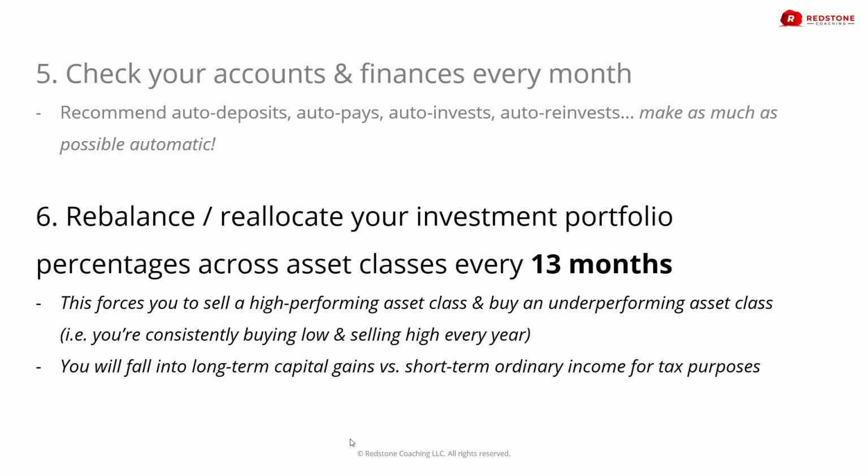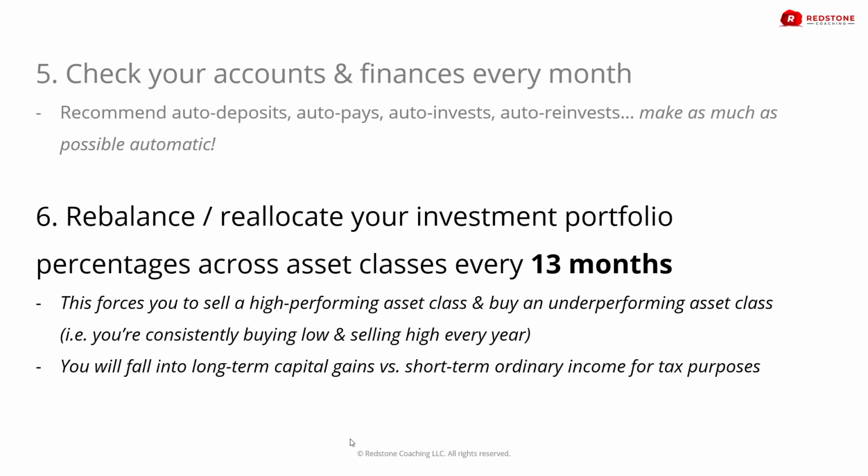Now, if you're only in one asset class, are you going to need to do this? No, because you're only in one asset class. It also means that you're exposing yourself to all the risk of one asset class. So if you have an asset allocation and you're diversified across asset classes, over time, the percentages allocated to those asset classes will drift.